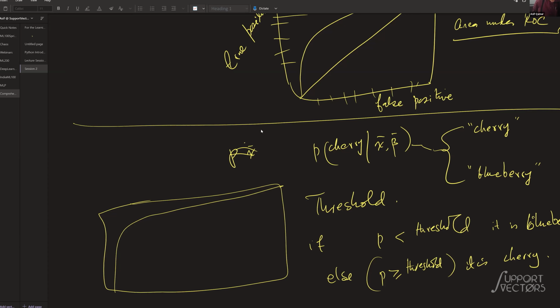Suppose, let's take a few use cases. You want to screen people for a serious medical condition, something like a malignant tumor.